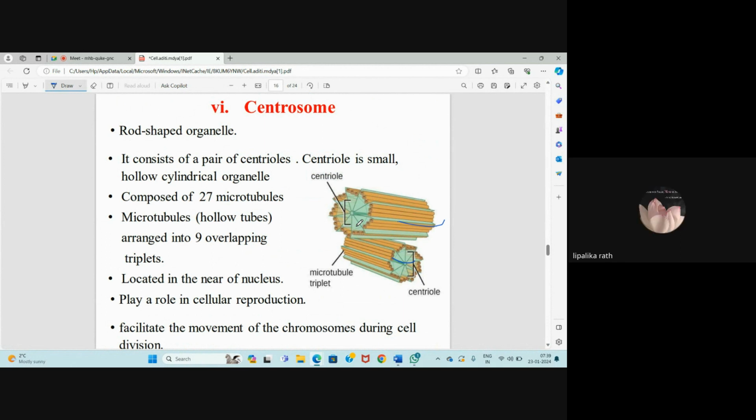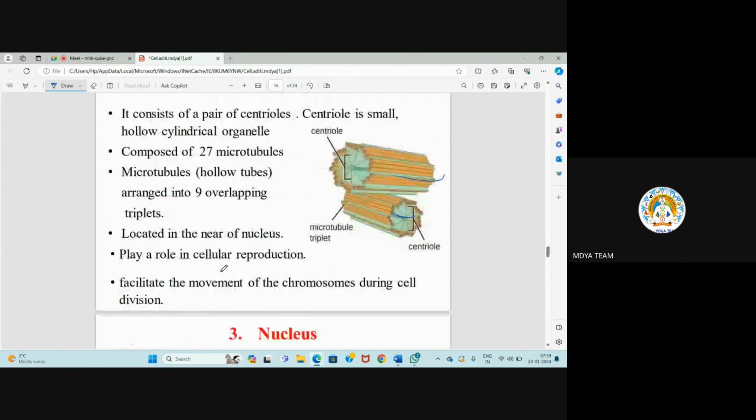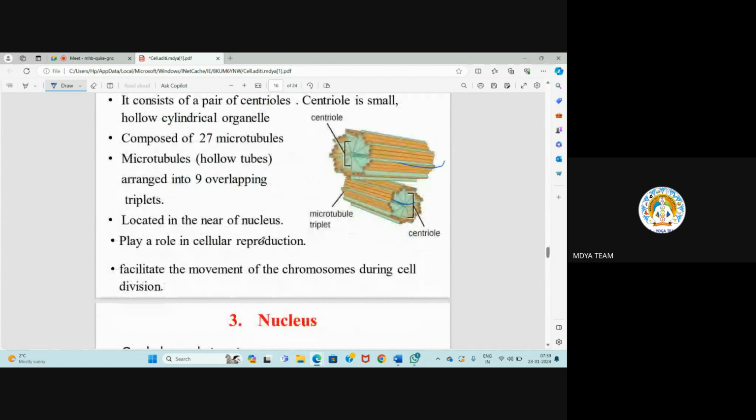Yes, ma'am. Okay. So these are also located near the nucleus and play a role in cellular reproduction. Okay, so these centrosomes play a role in cellular reproduction. You can say that these are the skeleton of the cell. The cell structure is based on these centrosomes, where they are present and in which amount.